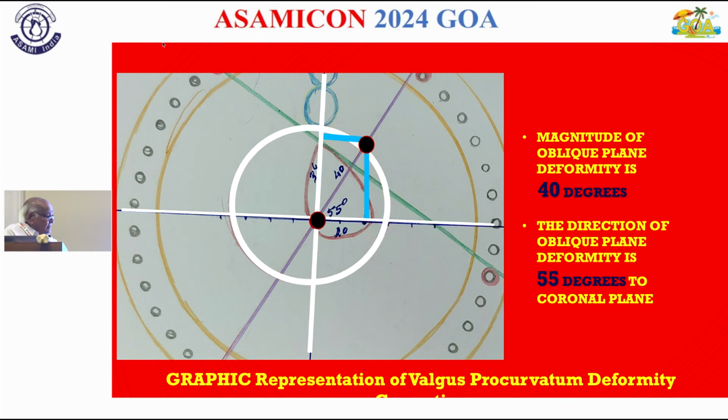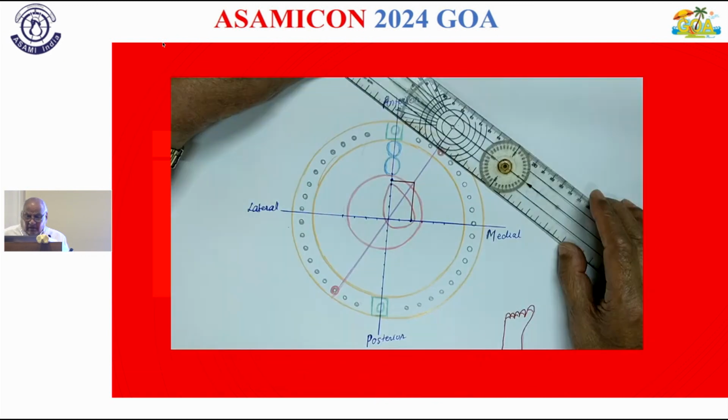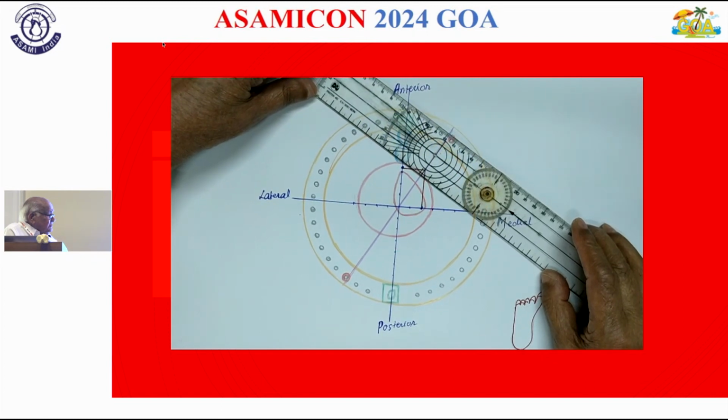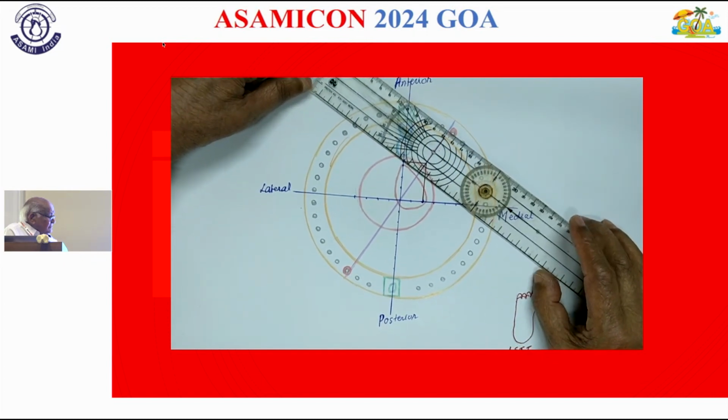The hinge point will automatically come here, and the hinges will lie in the center here, so that you can get your oblique plane deformity correction, 40 degrees here and 55 degrees in the coronal plane. So bring your scale at a right angle to that and then draw a line.